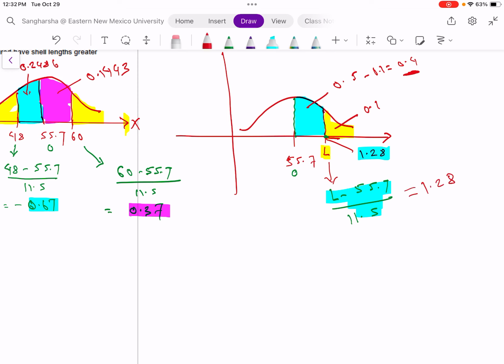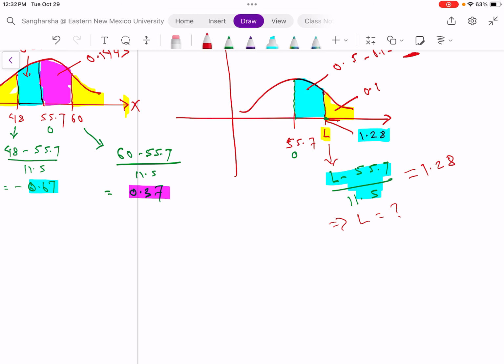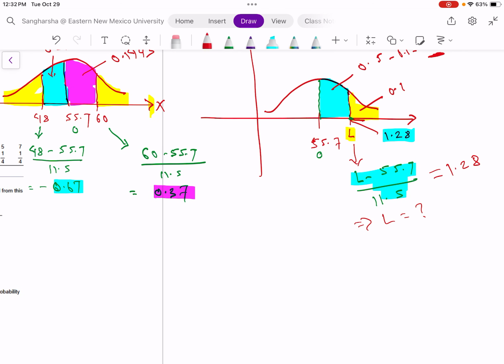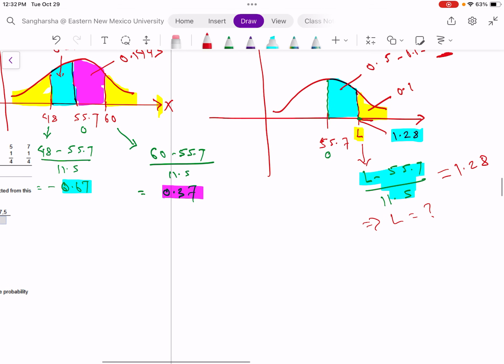Now you solve this and find L. So nothing new, it's the same graph, same concept. Can I go to the next one? Do not expect exactly the same, but you will get a very similar example on your exam.